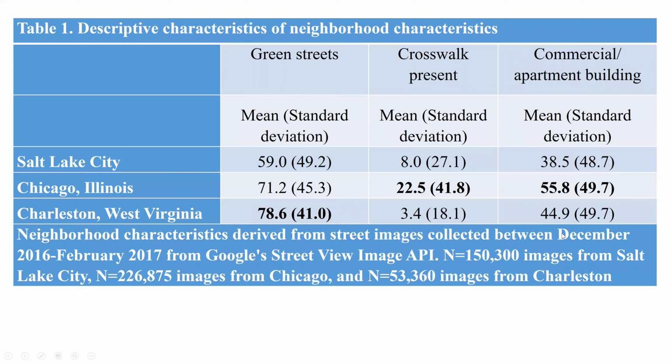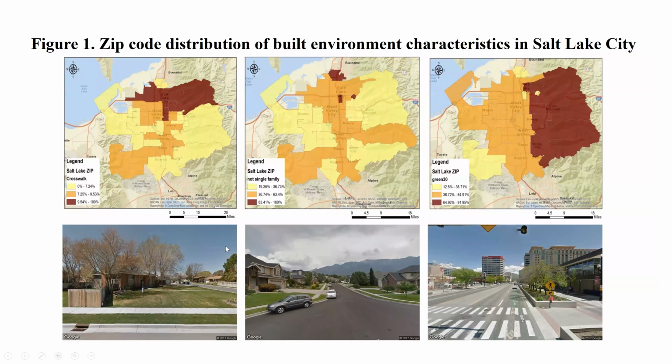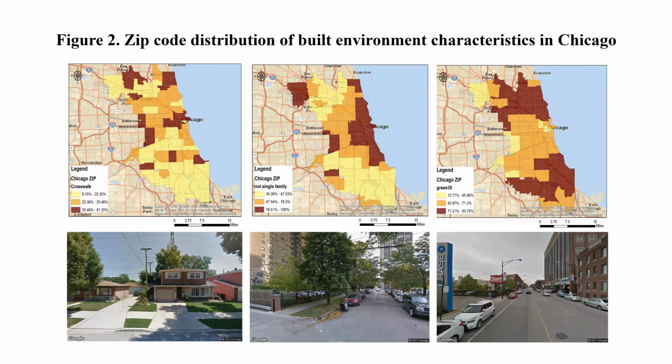This is just a map displaying the distribution of the characteristics across our 3 locations. This is Salt Lake. These maps are useful to understand and see spatial distribution. This is Chicago, and you can see the neighborhoods look different. And this is Charleston.